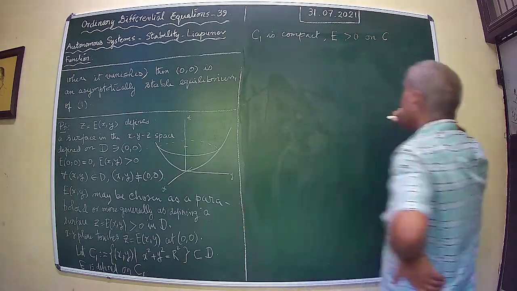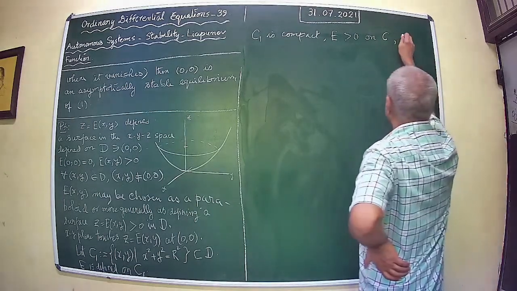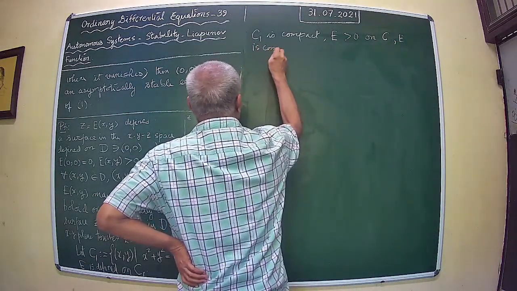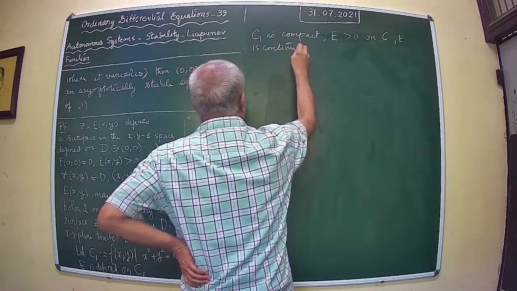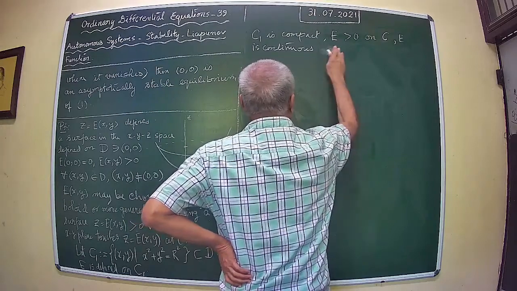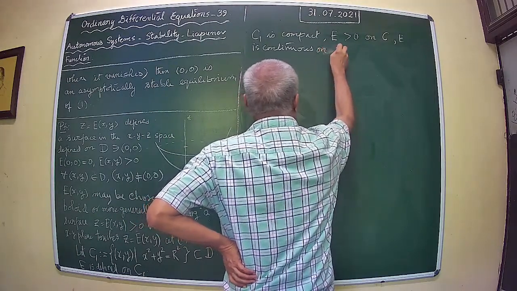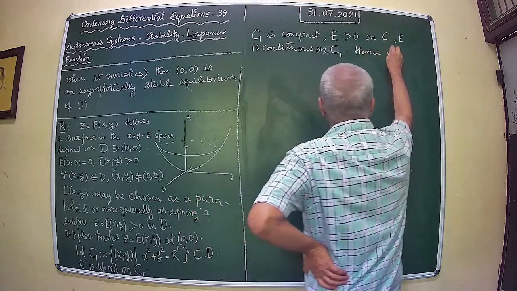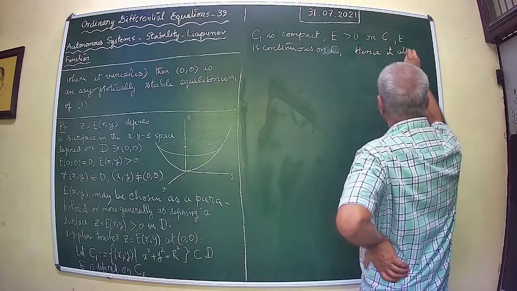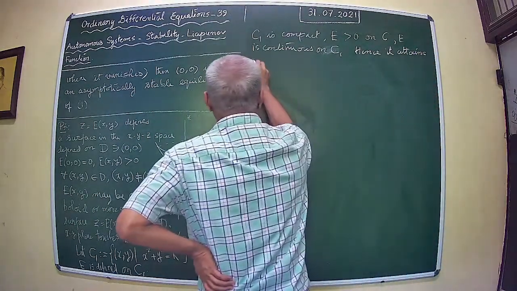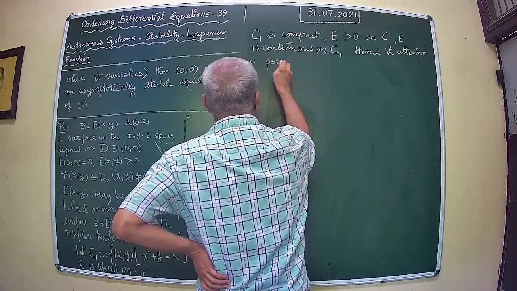By definition, E is continuous, so that hence it attains a positive minimum.